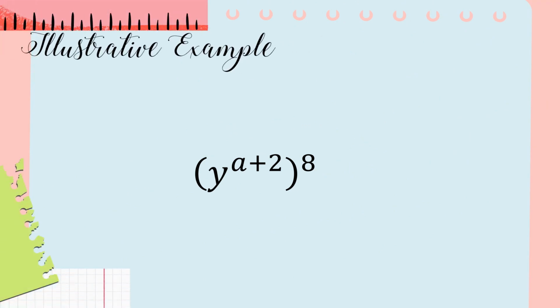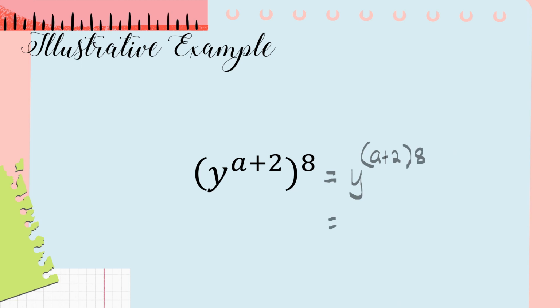Next, y raised to a plus 2 raised to 8. So again, we multiply the exponent inside by the exponent outside. So y raised to the quantity a plus 2 times 8.